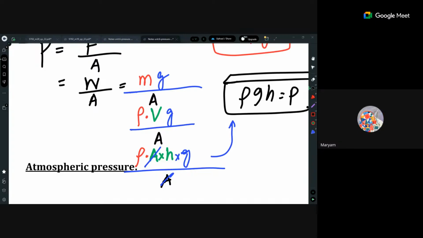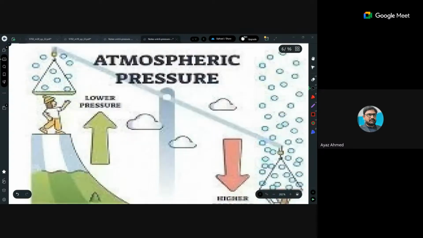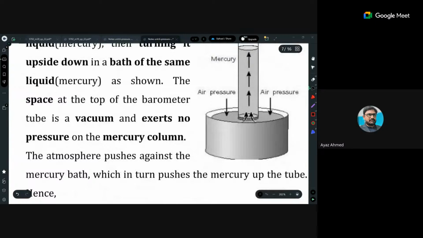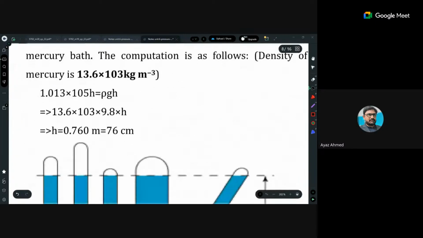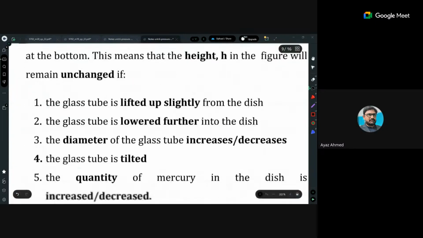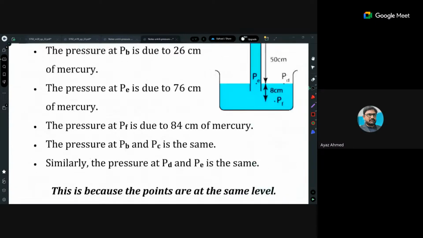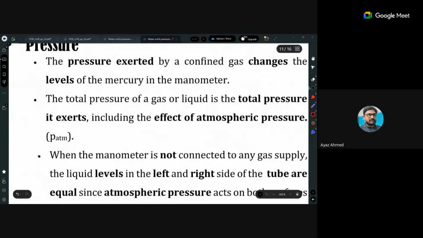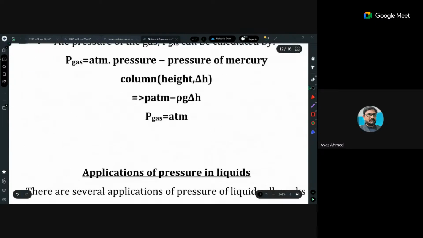Sir, how much pressure is left? Atmospheric pressure is left, and then we have to talk about the measurements of the pressure. Actually, these manometers and barometers have been excluded, so I will just skip them out.